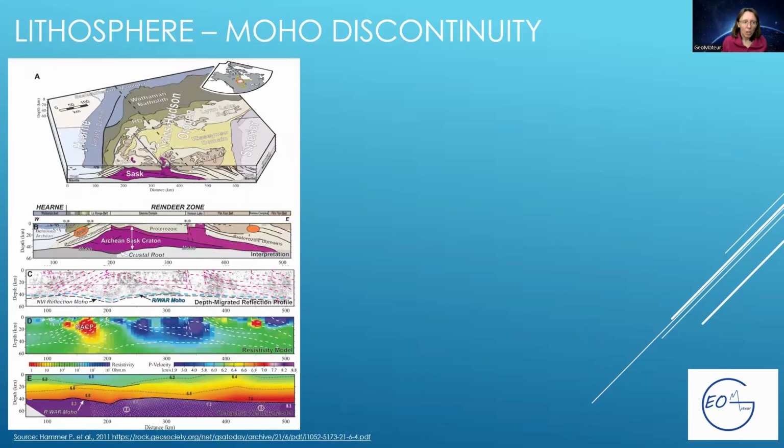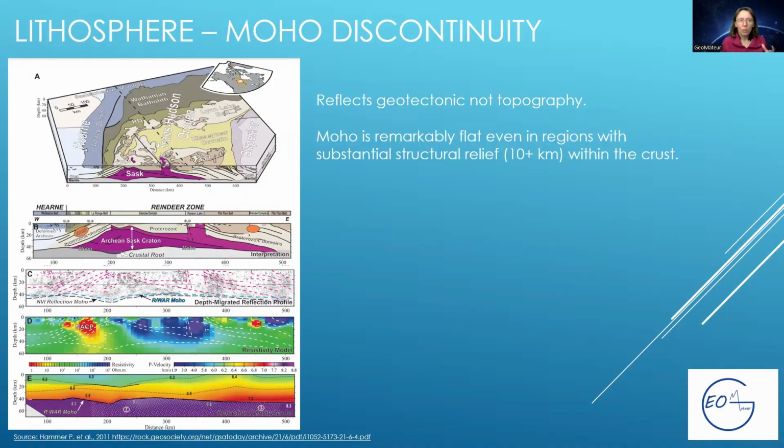So the study shows that the depth of the Moho discontinuity reflects geotectonics, not topography.